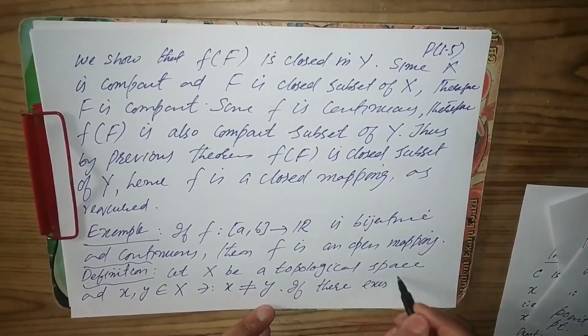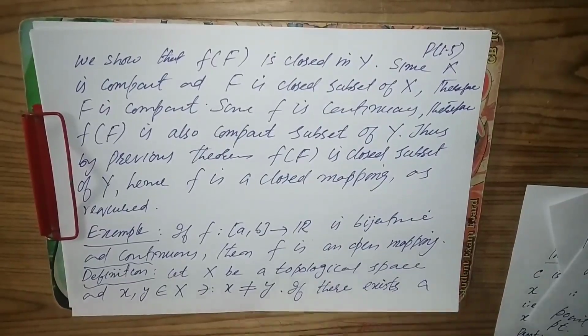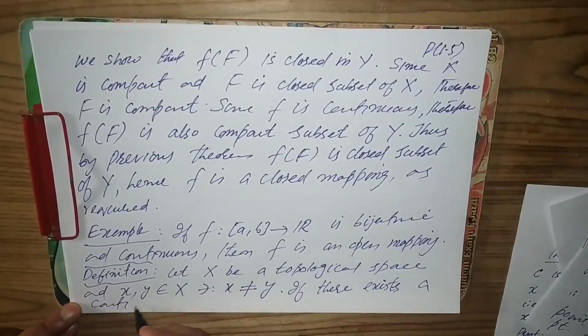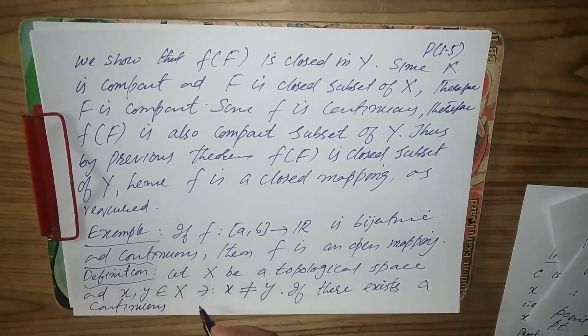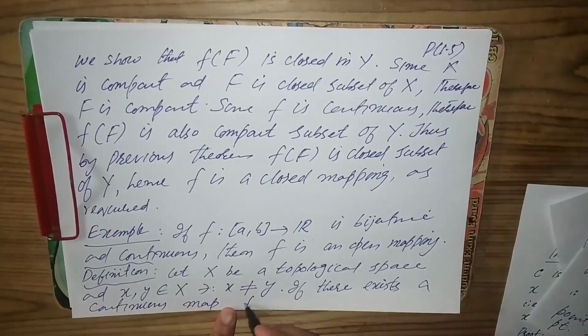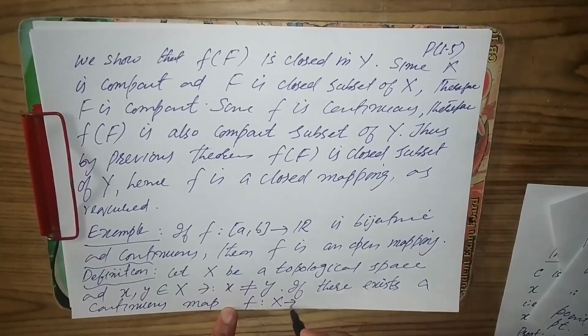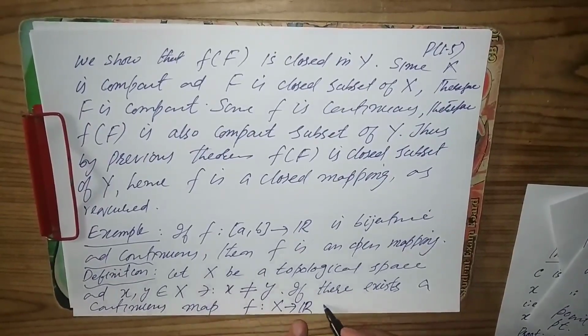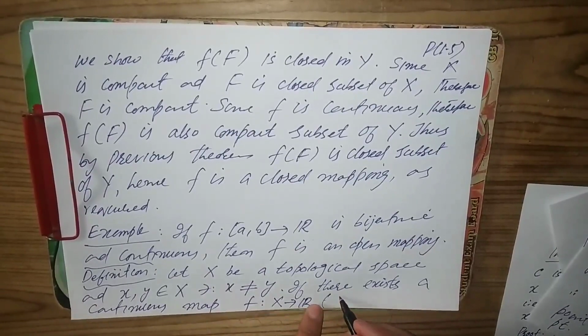If there is a continuous map f from X to R, or we can say if there exists f belonging to C(X,R).